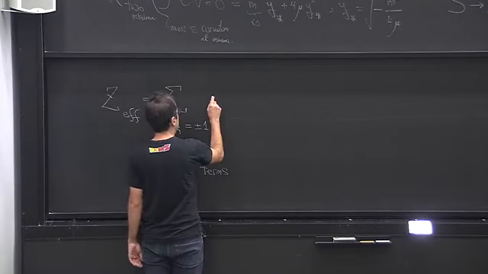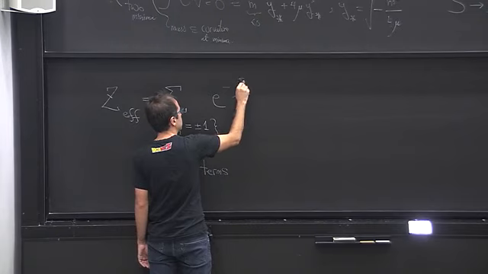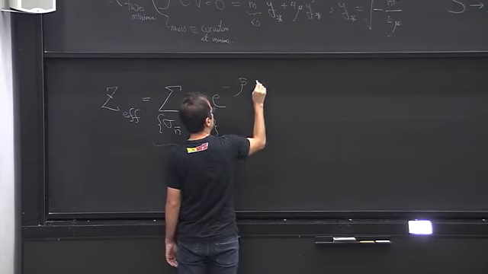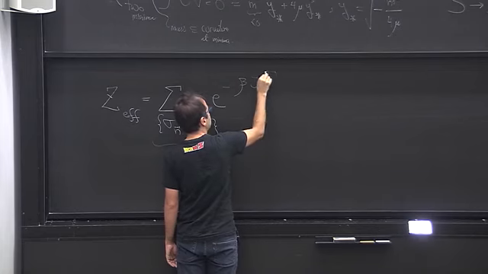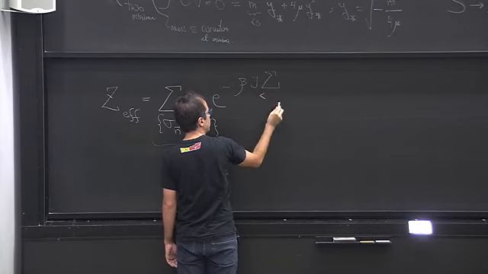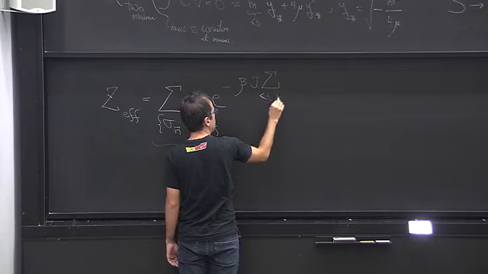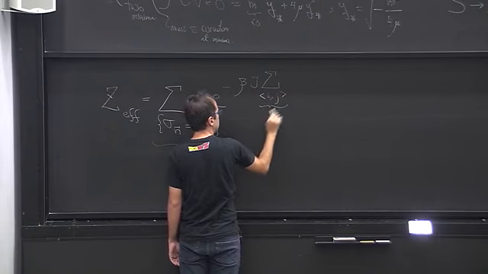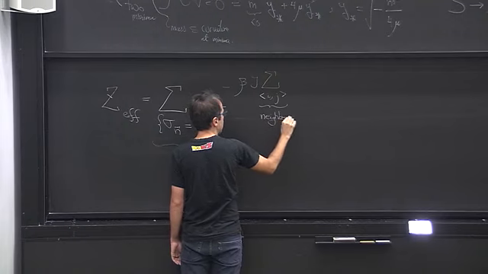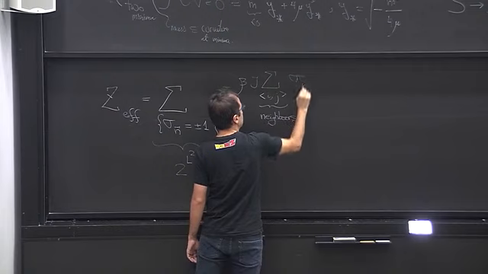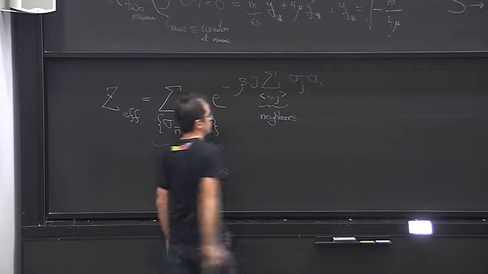And then I would have just e to the minus beta j, and I sum over neighbors i and j, where these guys are neighbors, sigma i sigma j.